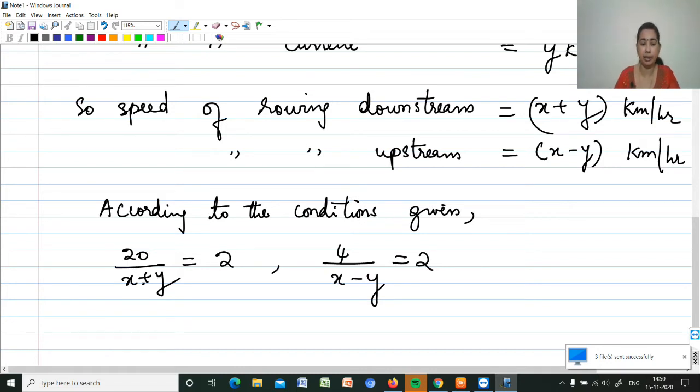Now cross multiplying we can make it as an equation, that is 2x plus 2y is equal to 20 and 2x minus 2y is equal to 4.